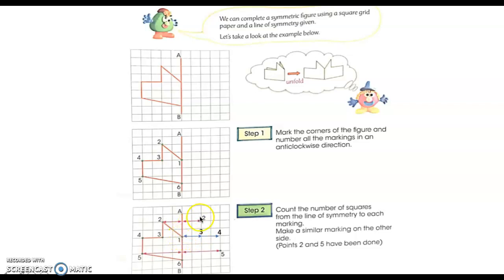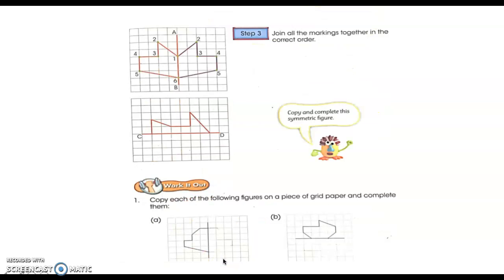Now see, 1, 2, 3, 4, 5, 6. Make a similar marking on the other side. So I have done all the markings, and that's 6. And let's join all the markings together in the correct order.